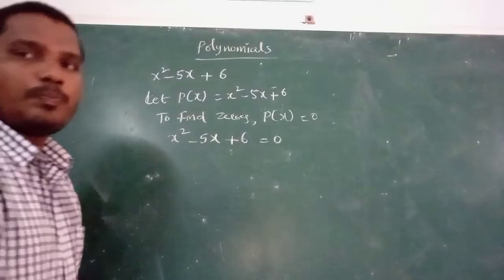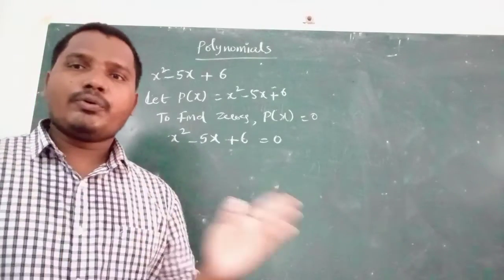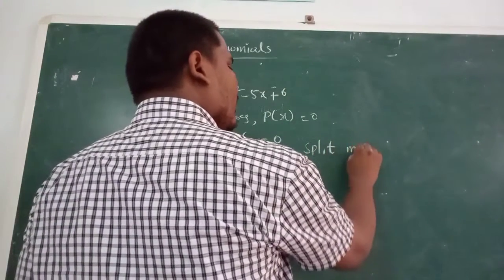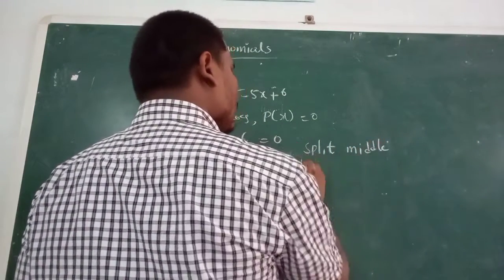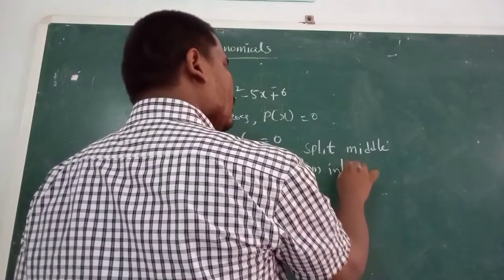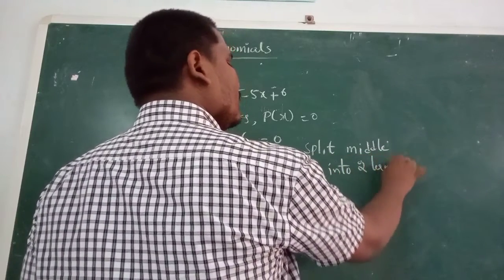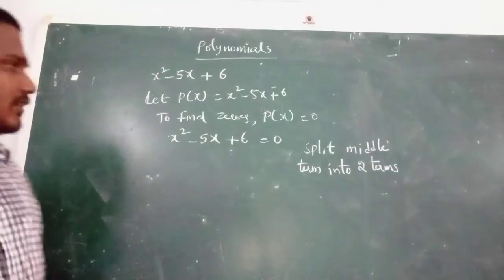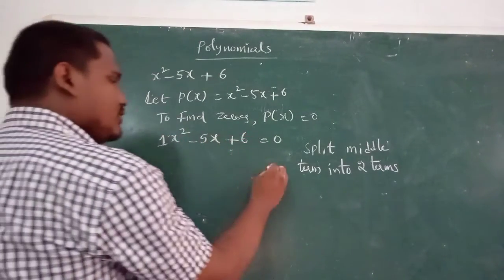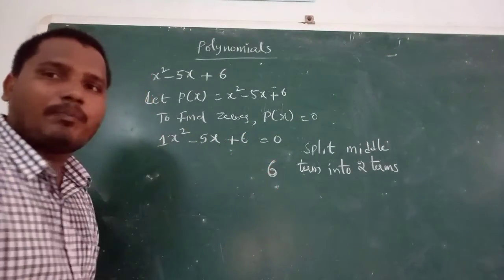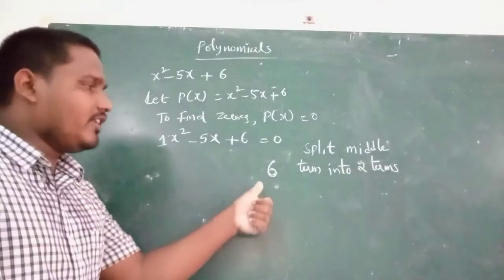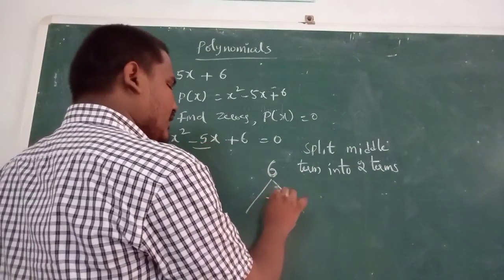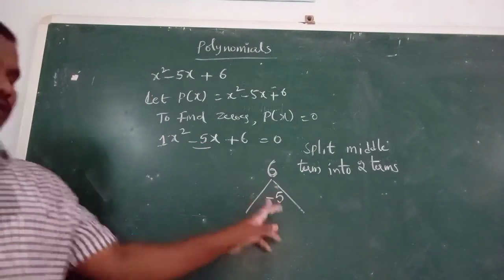Split the middle term into two terms. Here 1 is there, 1 into 6, 6. If you multiply the two values, it will be equal to 6, and if you add those two values, it gives minus 5.